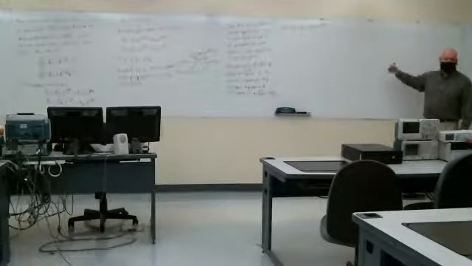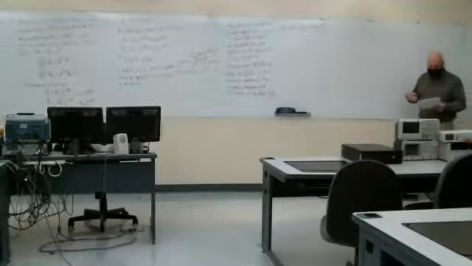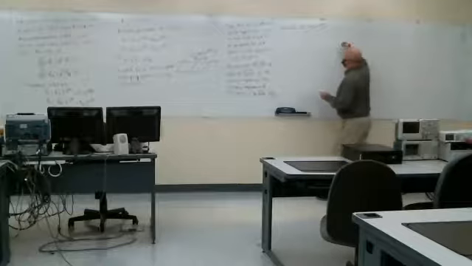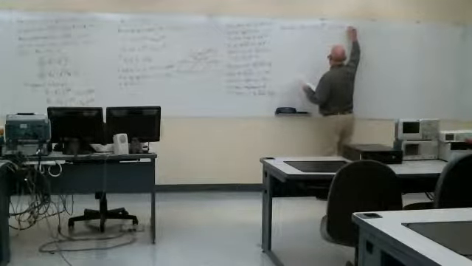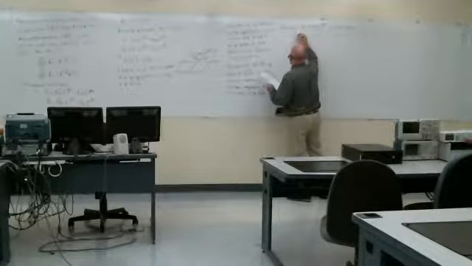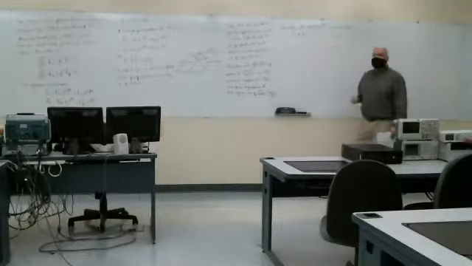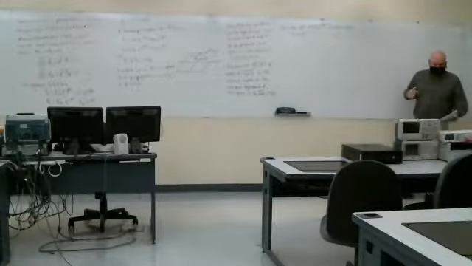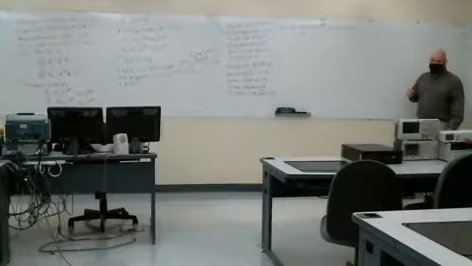If that were a plus j beta z, it would tell us it's propagating in the negative z direction. So in free space, the problem is to find the corresponding H. We've got enough information to do that.